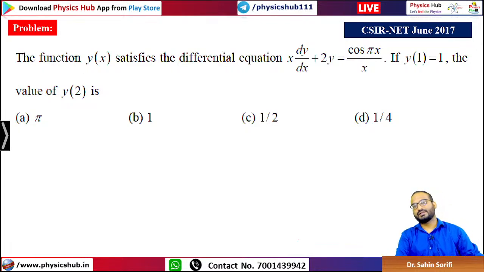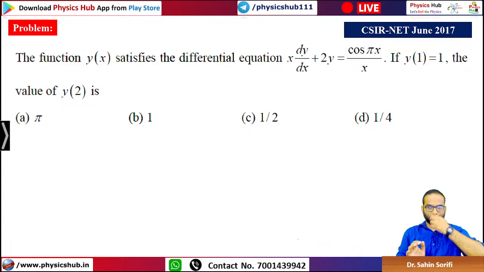If y at x equals 1 is equal to 1, the value of y at x equals 2 is. Let us solve it together.